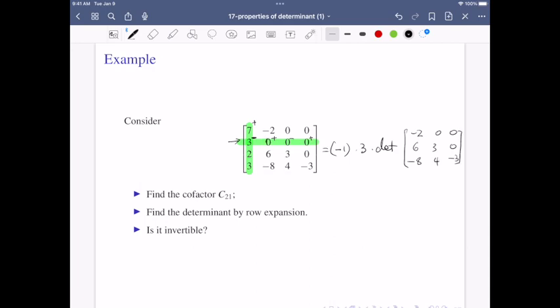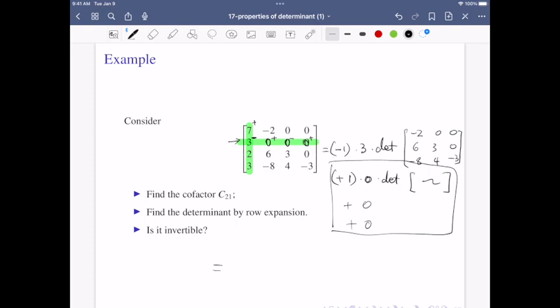Now we move to the other entries on the second row. It is plus 1 times 0 times the determinant of something, but we don't care because 0 times anything becomes 0. The third and fourth entries also give 0 and 0. So we have 0 terms which can be totally ignored from the computation.